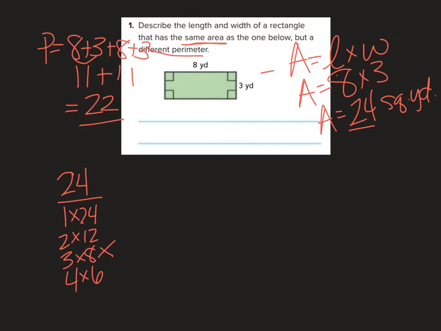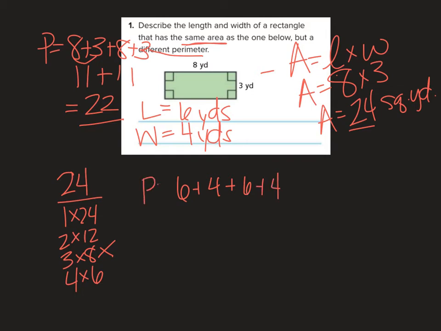Okay, so to describe the length and the width, we would say the length is 6 yards and the width is 4 yards. Let's make sure: what would the perimeter of a 6 by 4 be? We would do 6 plus 4 plus 6 plus 4 for the perimeter of shape 2. 6 and 4 is 10, plus 10.